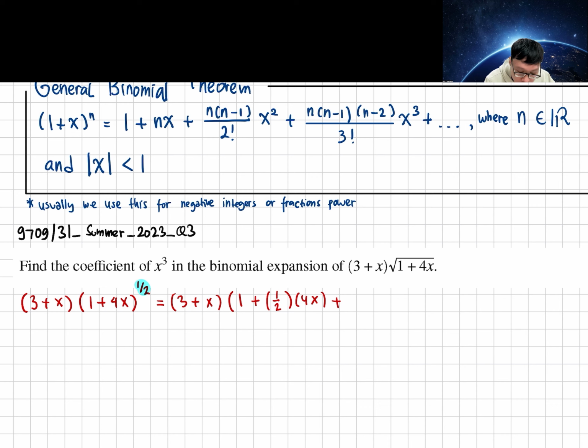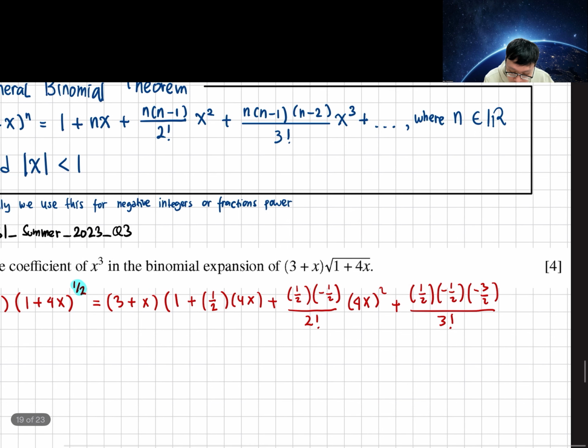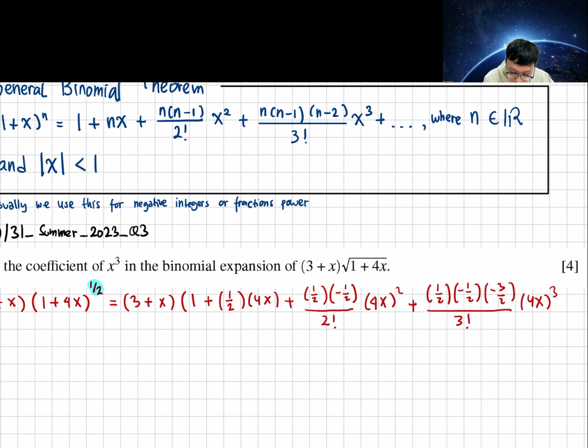Plus n times (n minus 1), so the power is half, and you decrease that power by 1 once, which is minus half, and you have two terms there, so divide by 2 factorial, and you have (4x) squared, not x squared, but (4x) squared. And then plus n, which is half, decreased by 1, minus half, decreased by 1 again, minus 3 over 2, so now you have 3 terms, divided by 3 factorial, and then (4x) cubed.